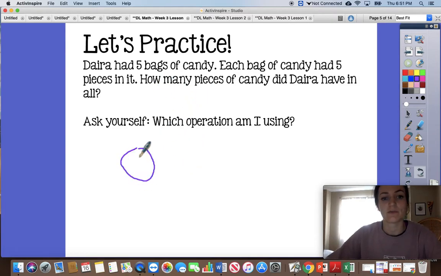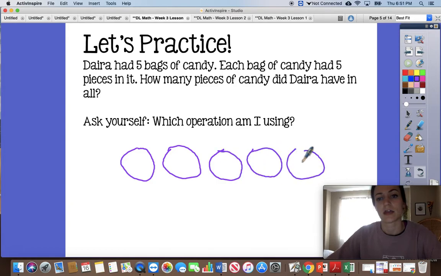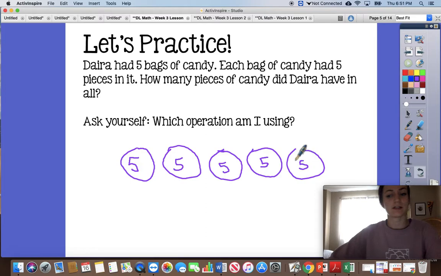She has 5 bags of candy. And there's 5 pieces in each one. Here's 5. Okay, which operation do you think we'd have to use for this one? We have to multiply, right? Because we have equal groups. We could add, we could say 5 plus 5 plus 5 plus 5 plus 5, right? But a quicker way to do that is to multiply.